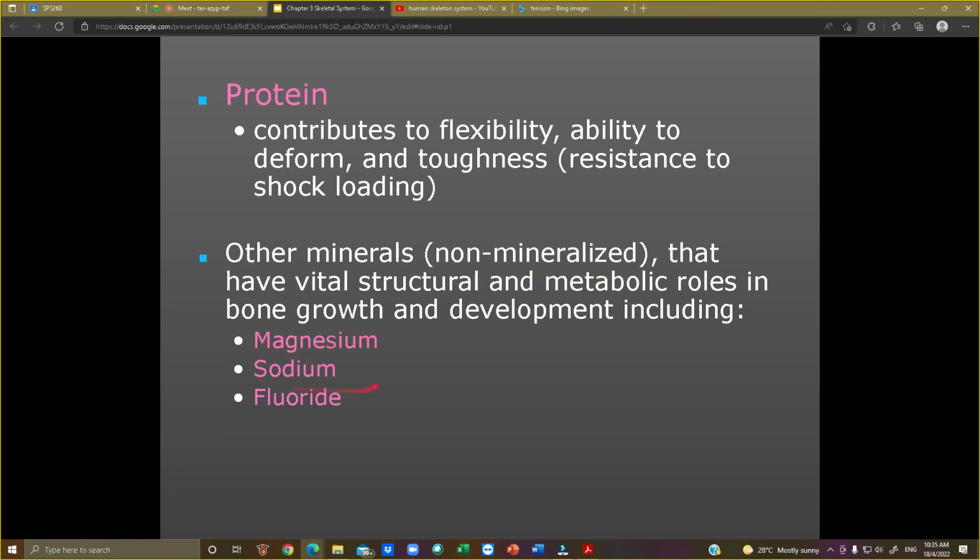Magnesium, sodium, fluoride, in order to have the remodeling process. Tapi kalau orang tanya, what is the major building block of bones? 4. Calcium phosphate, calcium carbonate, collagen, water. And the trace, we have protein, we have some minerals. Okay, itu building block dia.